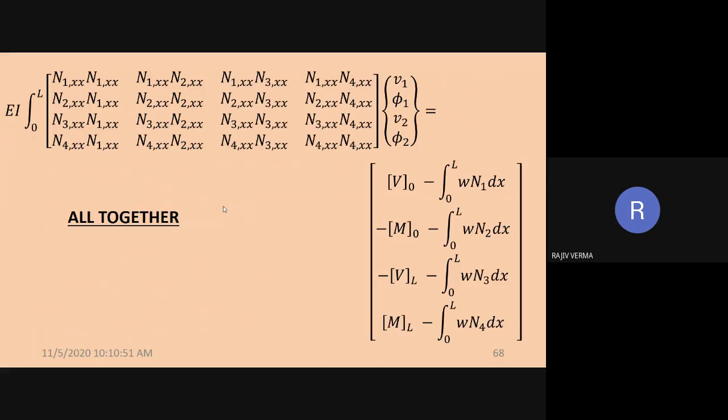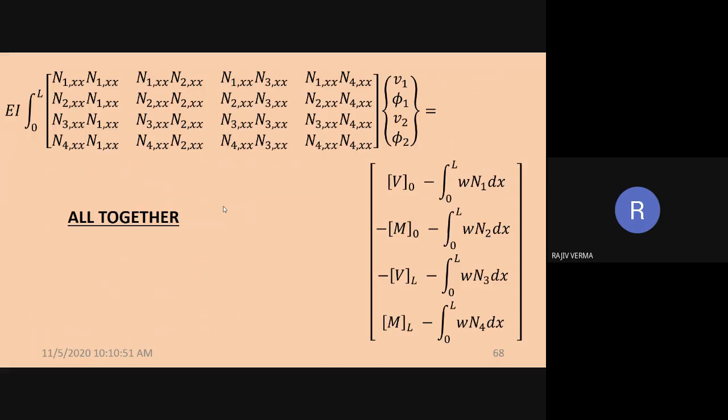So the left hand side terms, obviously, are the unknown terms because they are to be evaluated, but the right hand side of the four equations has to be supplied by the user. The values of shape functions n1, n2, n3, and n4 obviously are known quantities expressed in polynomial form, and the value of w, which happens to be the external loading, obviously is a known quantity.